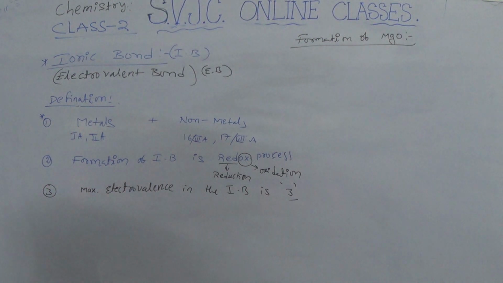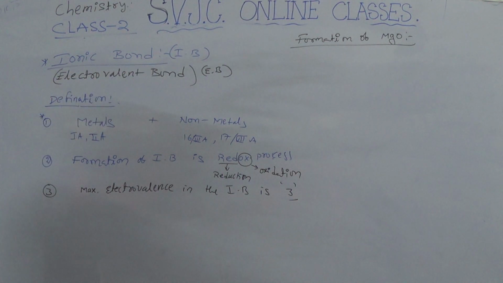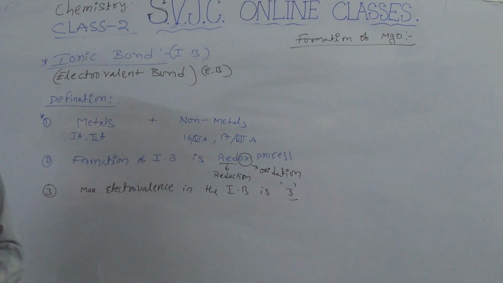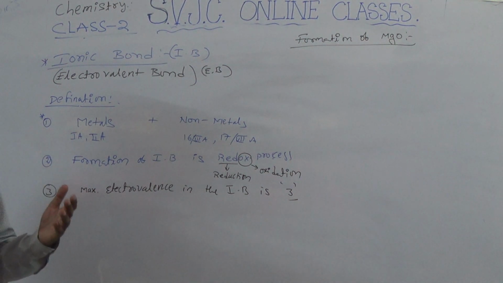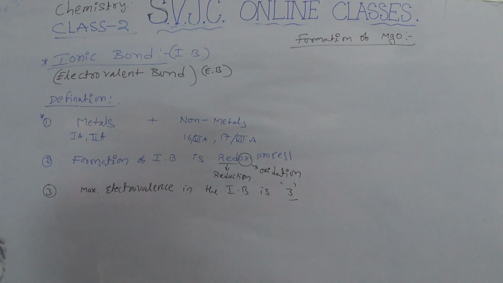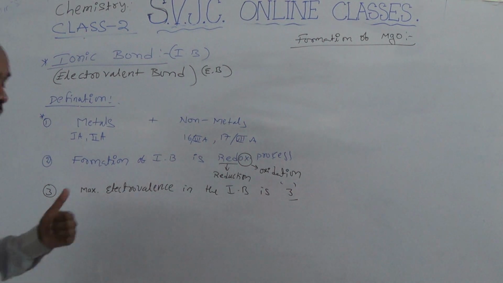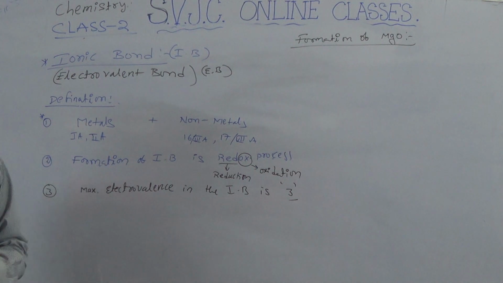Before that, remember one point: ionic bond formation involves three steps. First is formation of cation, second is formation of anion, and third is the electrostatic force of attraction between the oppositely charged ions.